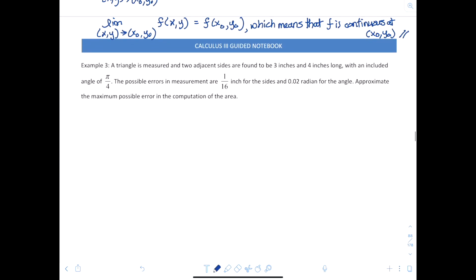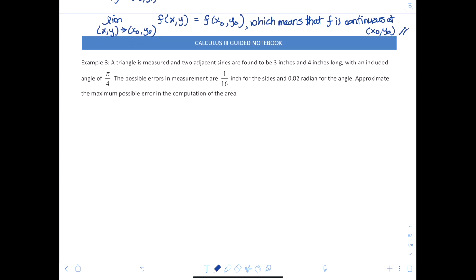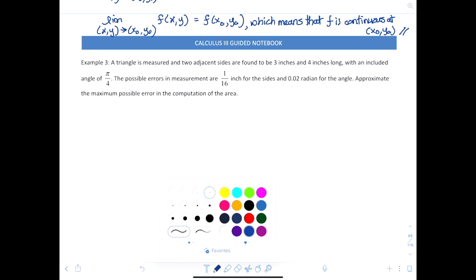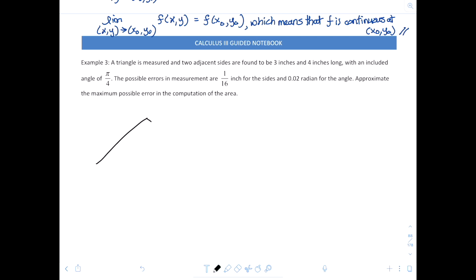Okay, so let's take a look at this third example. So another triangle one. A triangle is measured and two adjacent sides, next to each other, are found to be 3 inches and 4 inches long with an included angle of pi over 4. So if we just take a look, something like this, right? We don't want to assume it's a right triangle.